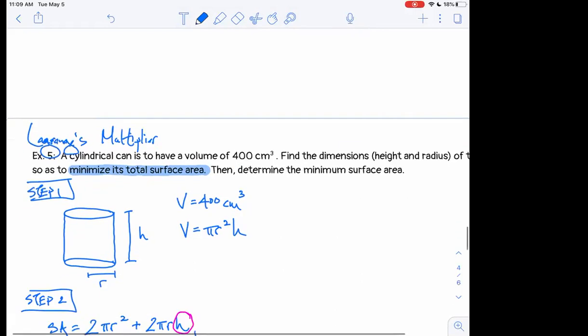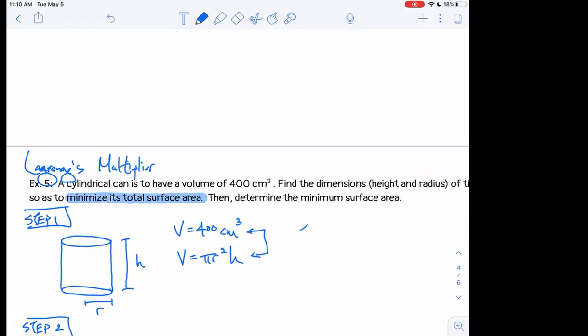All right, so it looks like I have 2 options. Before we do that, sorry, we can say that these 2, because they're both equal to the volume, are actually equal to each other. So 400 equals pi r squared h.